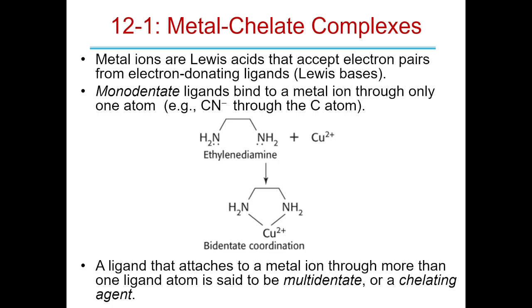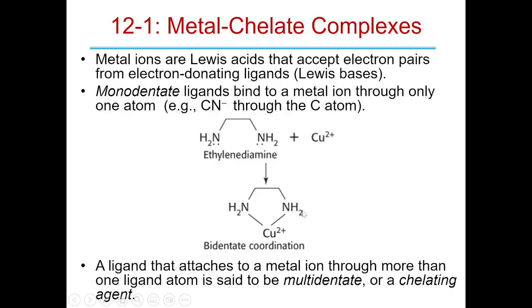So you have one group that binds the metal ion that's monodentate, literally one-toothed, okay? That's literally what that means, by the way. Think of them as like Pac-Man or something. They're biting. And so these only bite one place, okay? Monodentate.